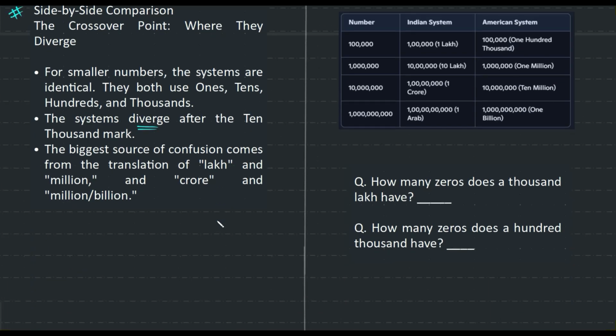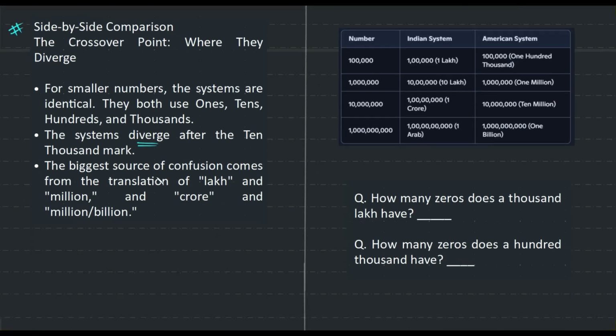Post that, things vary. The biggest source of confusion comes from the translation of lakh and million, and crore and billion.